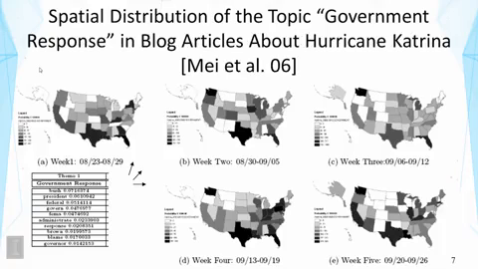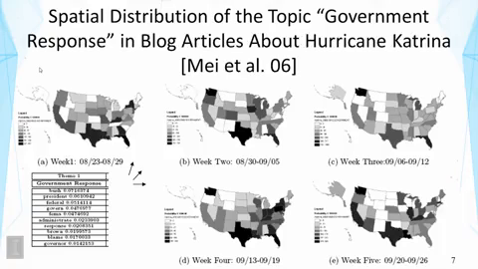Initially, it's covered mostly in the victim states in the south, but then gradually it's spread into other locations. But in week 4, which is shown on the bottom on the left, we see a pattern that's very similar to the very first week on the top left. And that's when, again, Hurricane Rita hit the region.